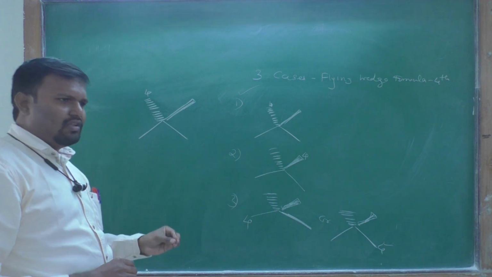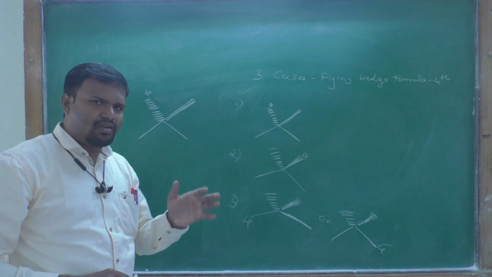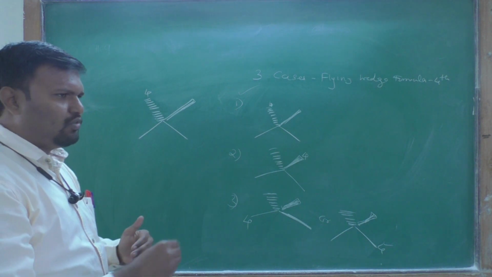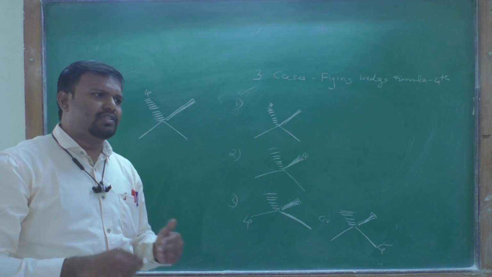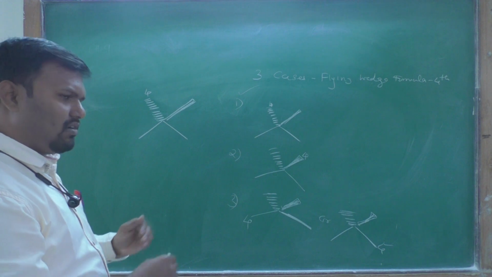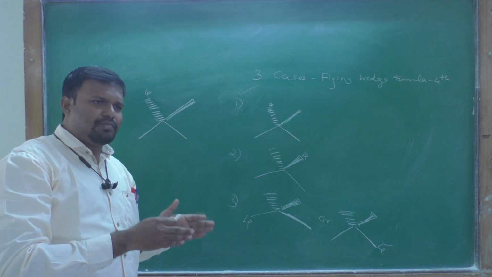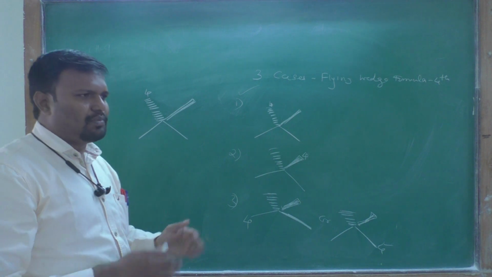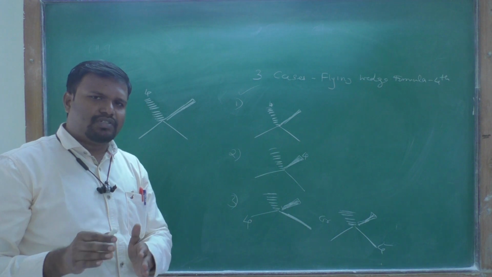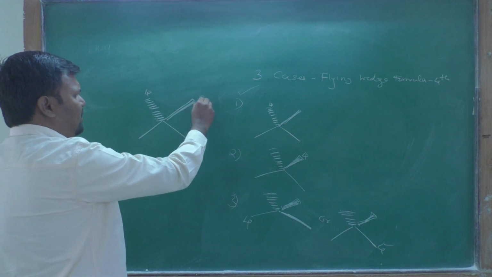Okay, we have some rules. When you assign the R or S configuration and your fourth group is pointing away from the observer, then we can directly give the nomenclature as it is. Okay, if suppose R configuration is there, you say that the R configuration is there. Like that way we have an example.